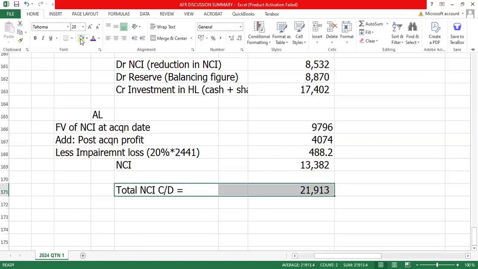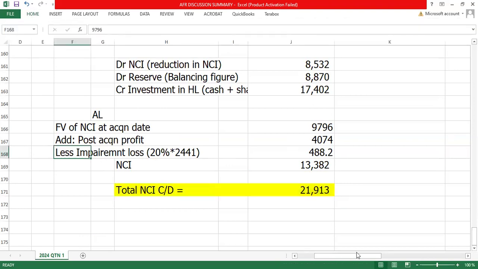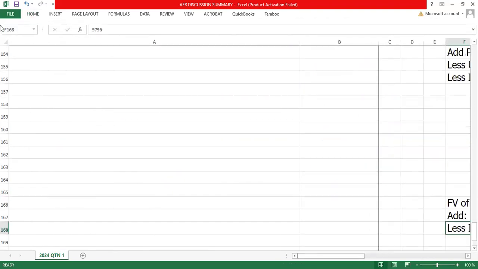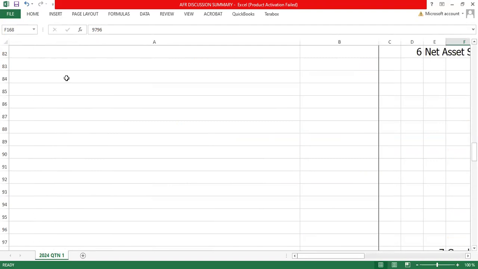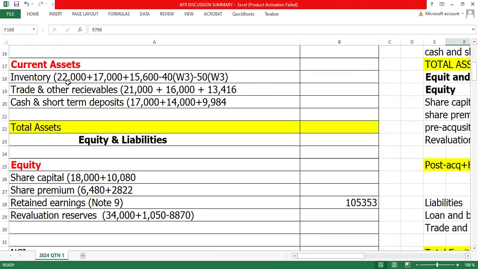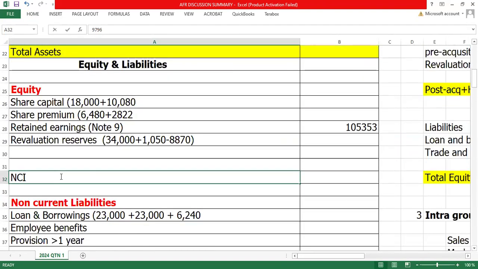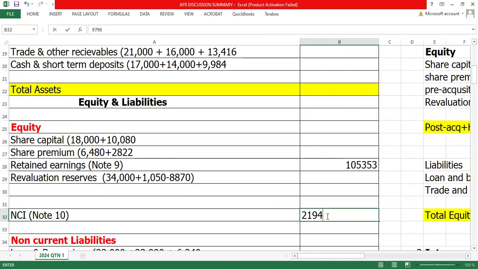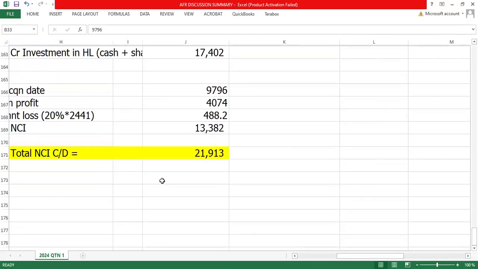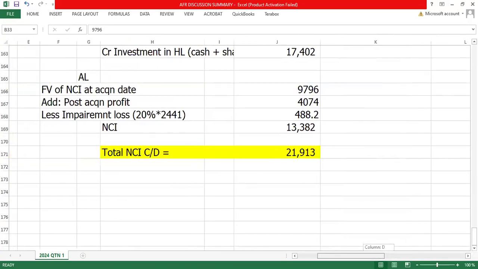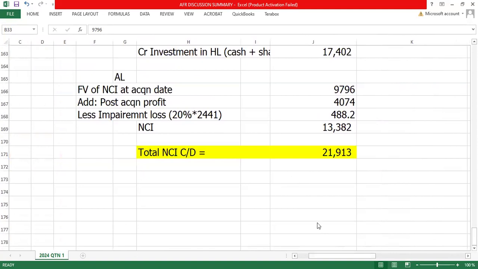So you record this in your balance sheet, 21,914, as NCI. I hope you have not left something out.